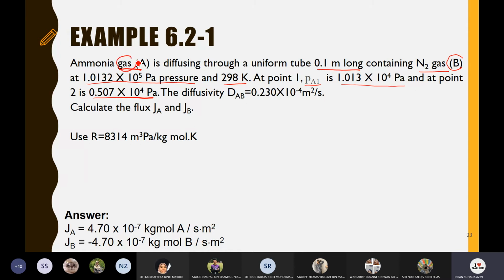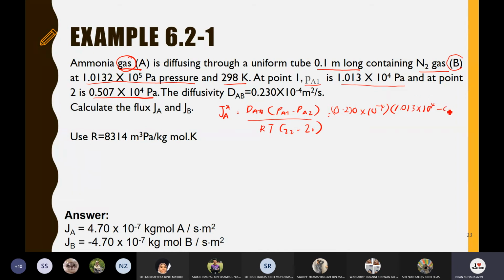So it's stated here it is a gas, so we take the gas equation before this. First we calculate JA is equal to DAB times PA1 minus PA2 divided by RT times Z2 minus Z1. Okay, DAB is given, right? 0.230 times 10 to the negative 4. PA1 is also given here, 1.013 minus PA2.